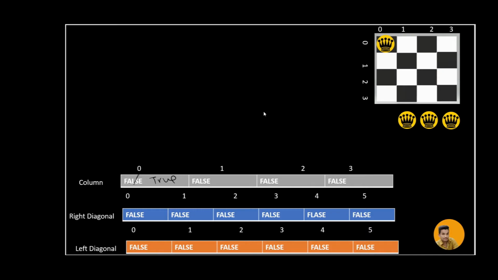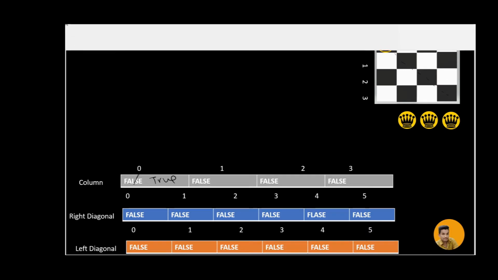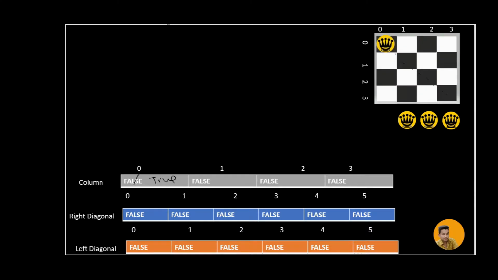Now the left diagonal is this. And how can we get the left diagonal? Row minus column plus 3, so 3.